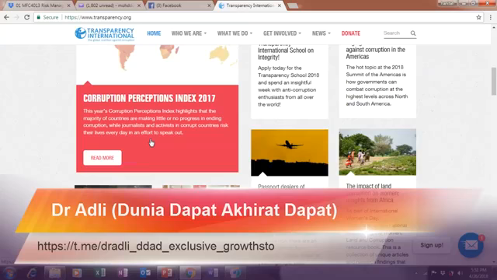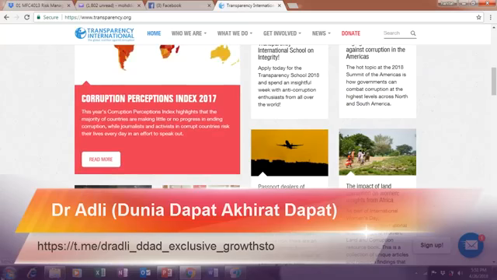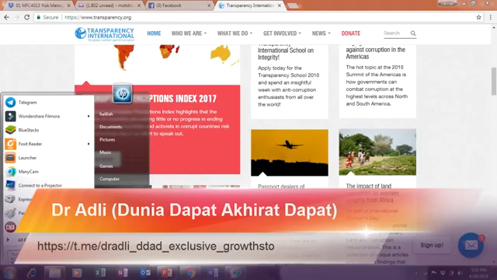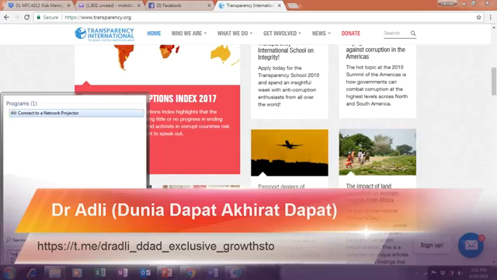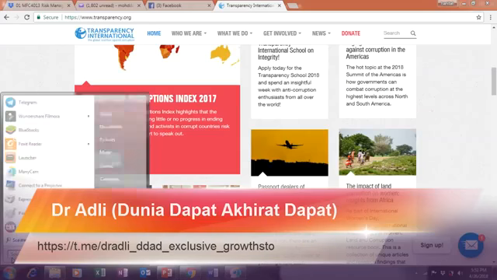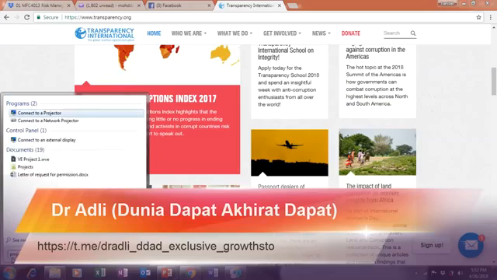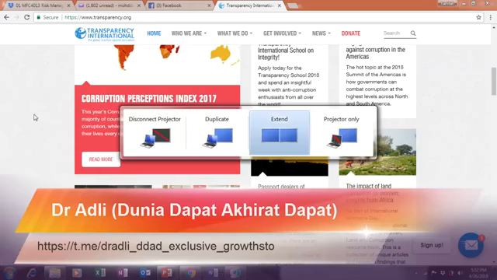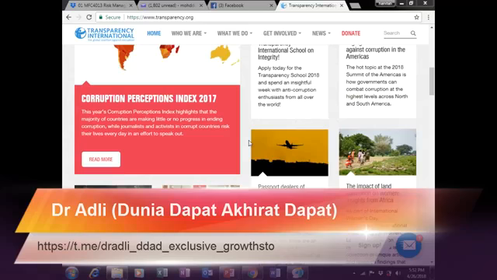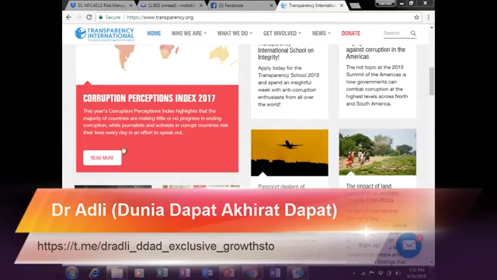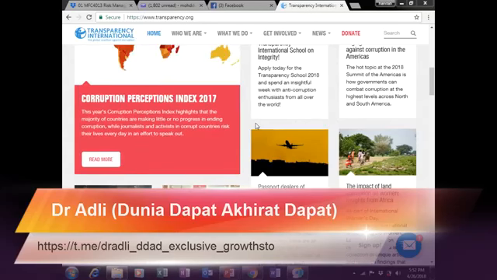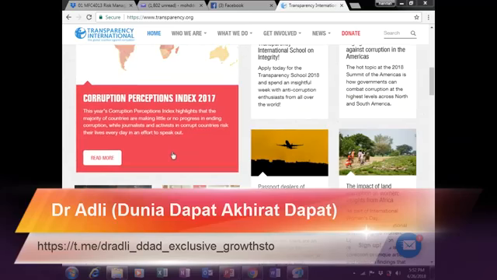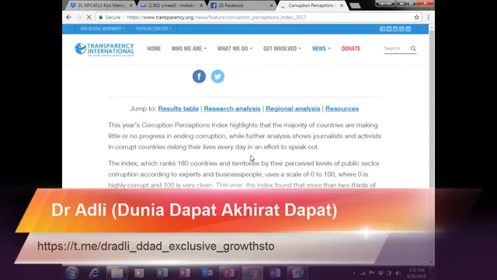Let's see, how do I want to show it to you? Alright, projector. Okay, this is the Corruption Perception Index 2017 from transparency.org. Now let's look at the result tables.